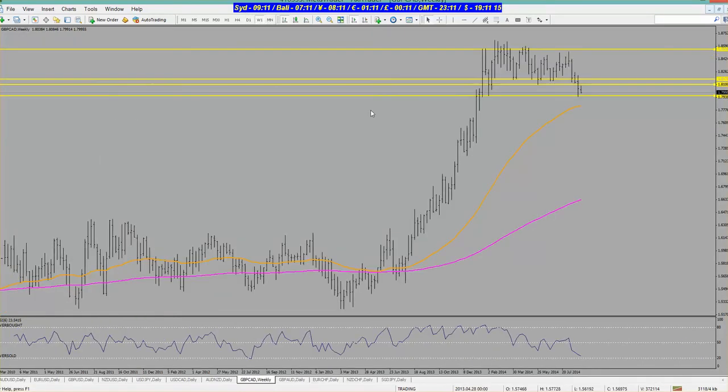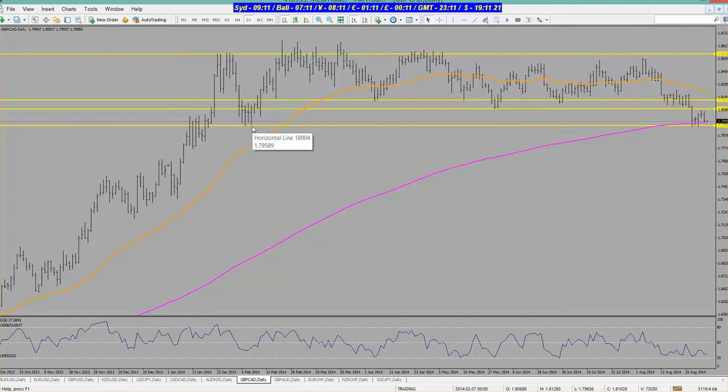You might want to look back in history and see if price has reacted to it in other areas. If it's reacted and turned back in history a couple of times as well, then that would increase its strength. So there is some room to come on the downside in this. You've got the BOC tonight, and you've got the Bank of England tomorrow night. So there's some major data coming out.